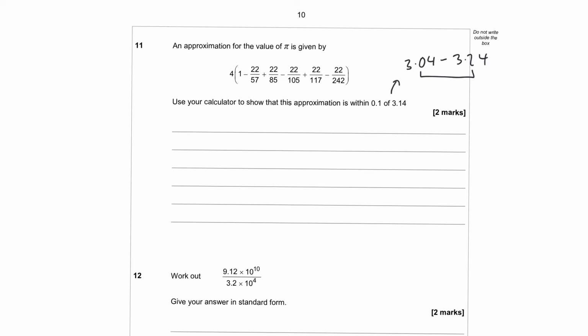So if you put this all into your calculator exactly how it's written, you should get an answer of about 3.041 and so on. And as we can see, if we did 3.14 take away 0.1 to work out the lower bound of that range, it would be 3.04, as I mentioned previously. And so because we got an answer of 3.041, that is approximately 3.04, which therefore shows that this value is within the range.